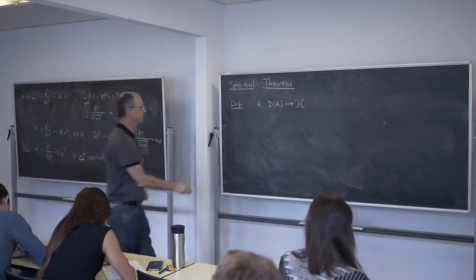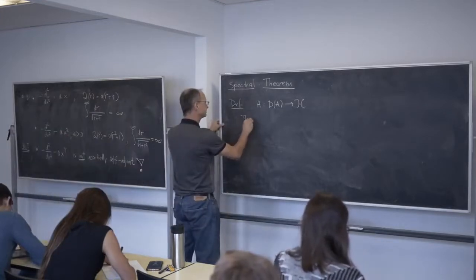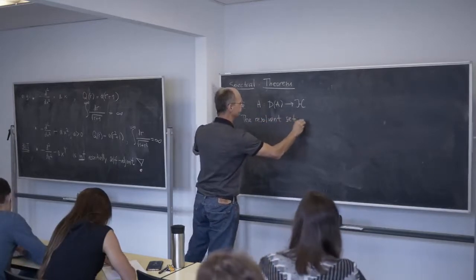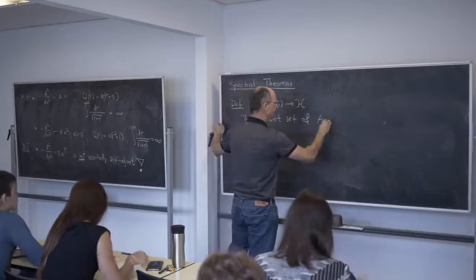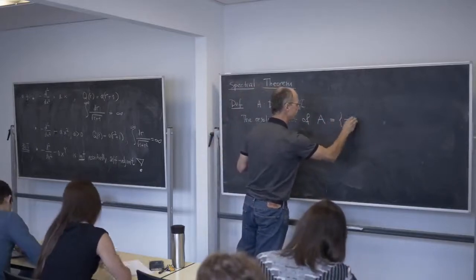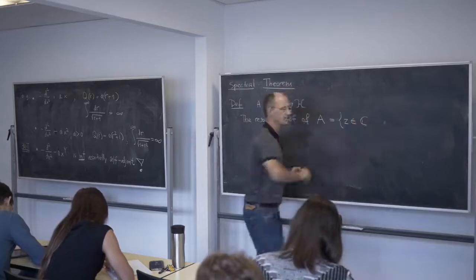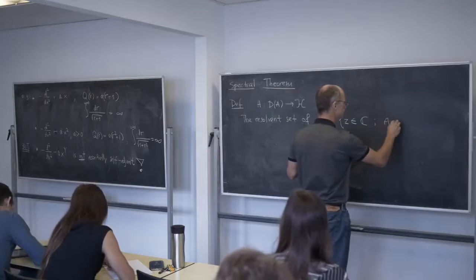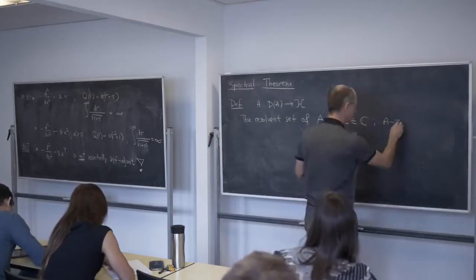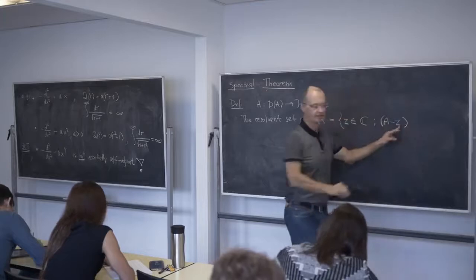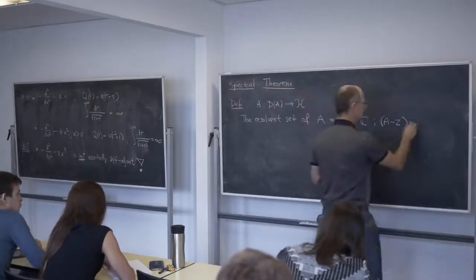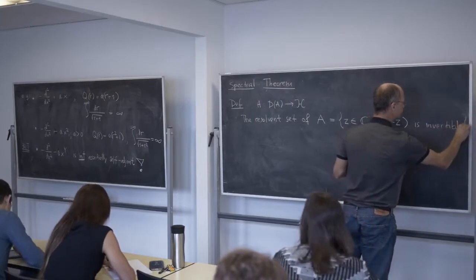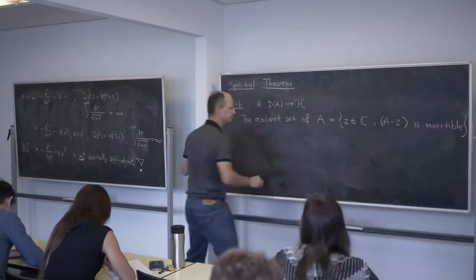And we say that the resolvent set of A is the subset of the complex plane such that the operator A minus z, as usual we assume that z is multiplied by the identity, is invertible.